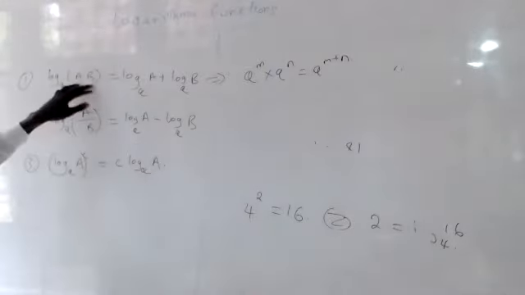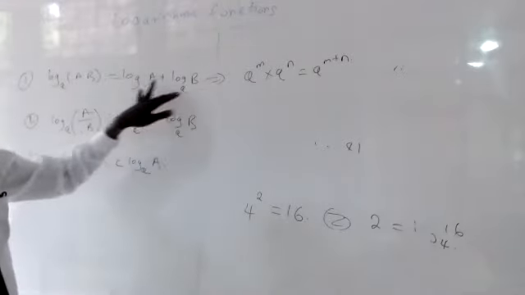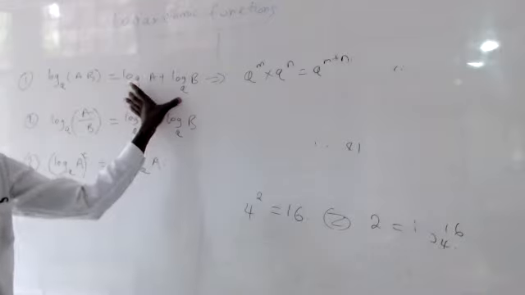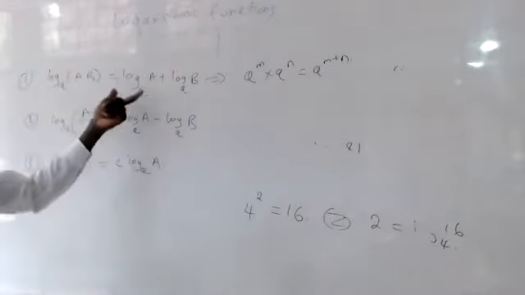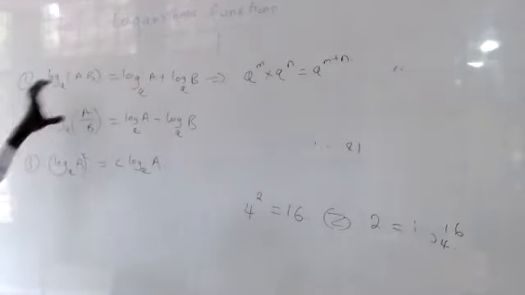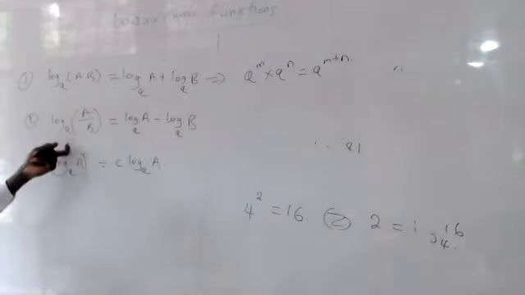So you notice the product, a to the m times a to the n, and then the sum of the logs. Remember, we are saying logs are simply the exponents. In this case, the exponents are m and n. When you add exponents m plus n, you're just adding the logs of these individual numbers. The same approach applies to the quotient and also raising a log to a power.